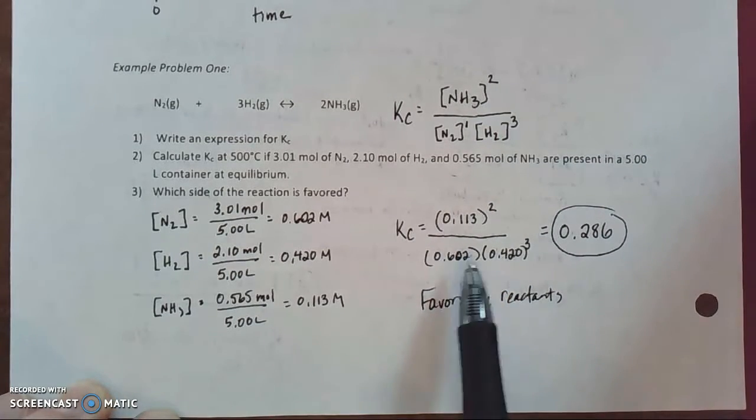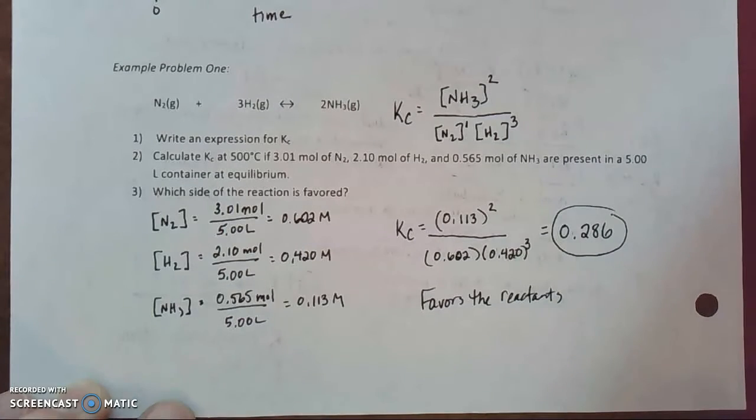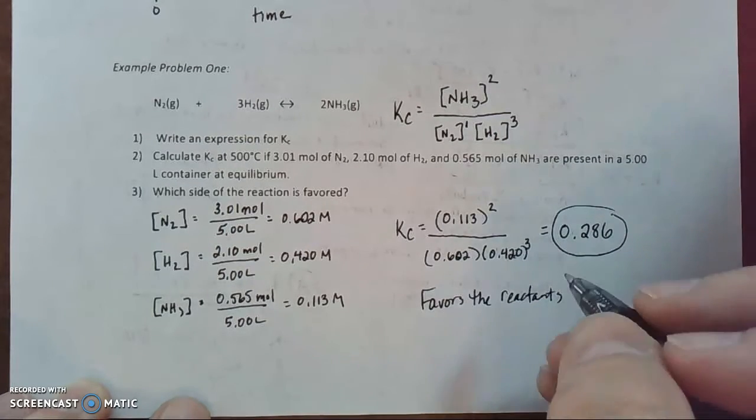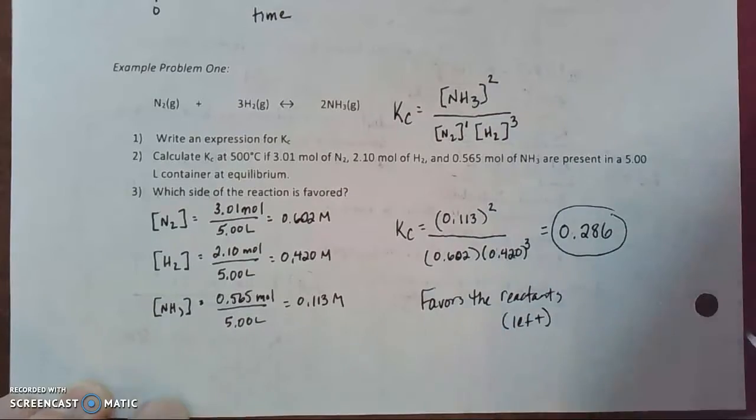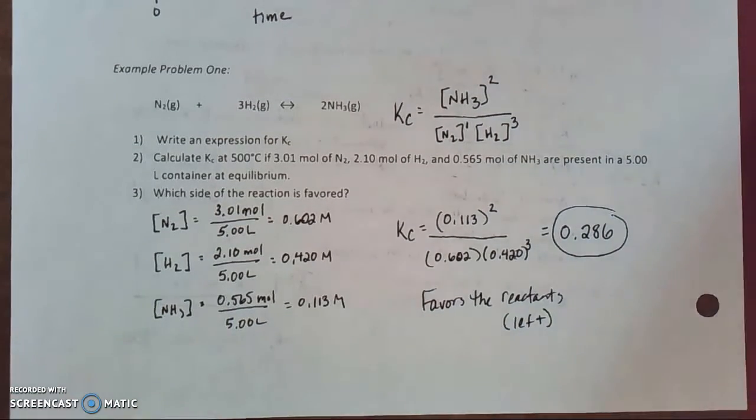That means that there's more of this at equilibrium than there are products. So it can favor the reactants or it can favor the left. Either one is a proper way of saying it. And remember that K does not have any units. So now we can look at our second example on the next page.